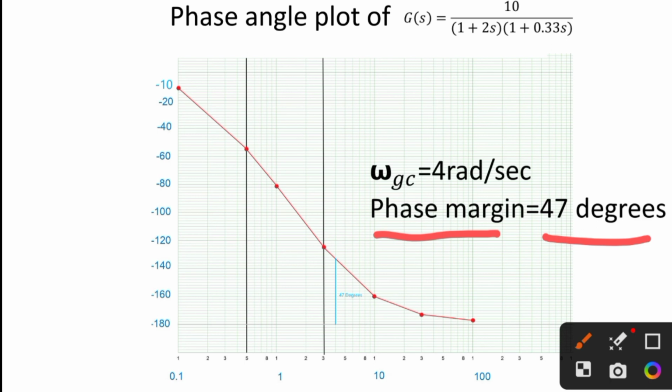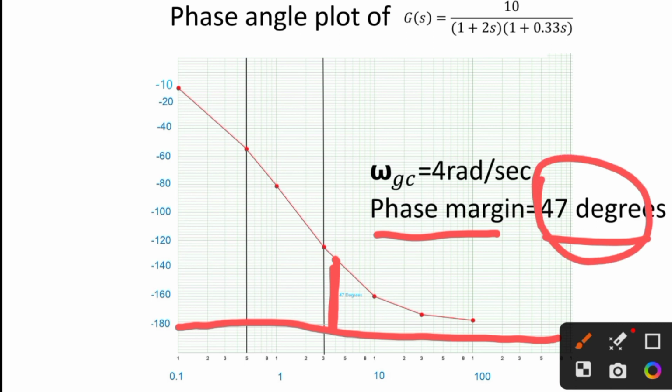That is, from the horizontal line of minus 180 degrees and from the gain crossover frequency of 4 radian per second, draw a vertical line to the point where the vertical line meets the phase plot. This is the phase margin, which is found as 47 degrees.